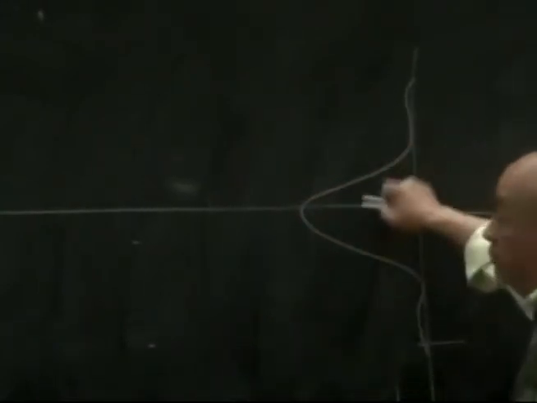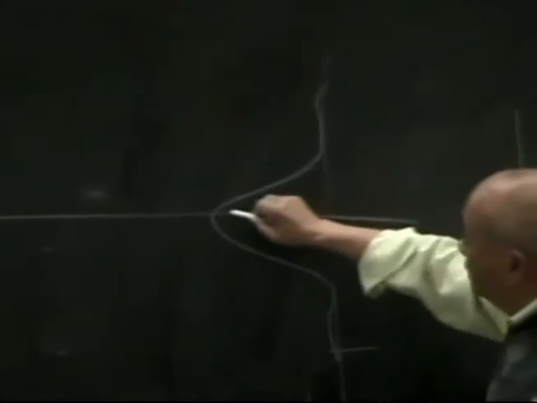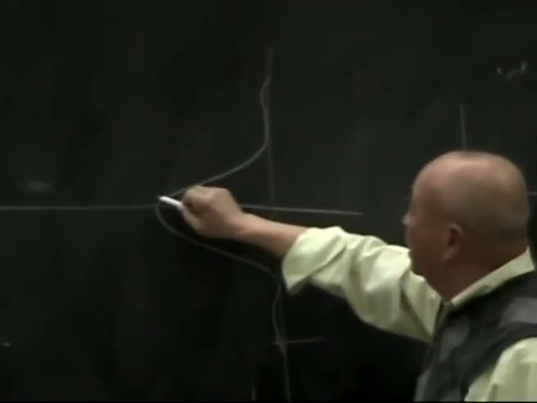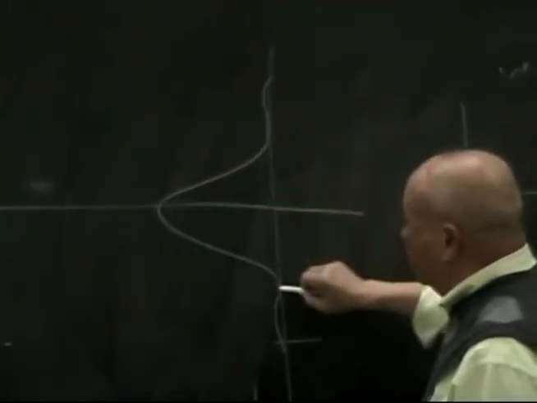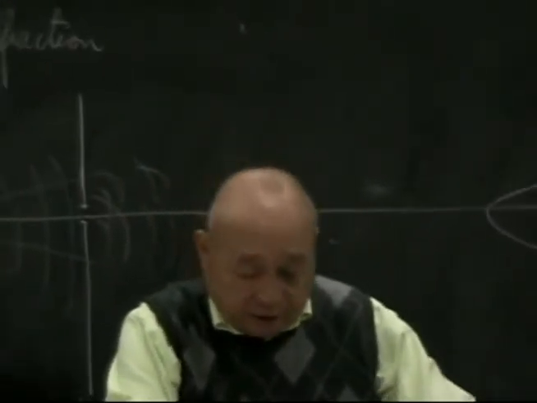This is the intensity. The intensity is maximum at the center and gradually tapers out. In mathematical terms, this is called a sinc function.